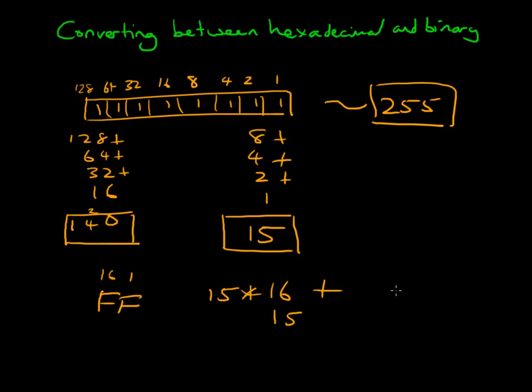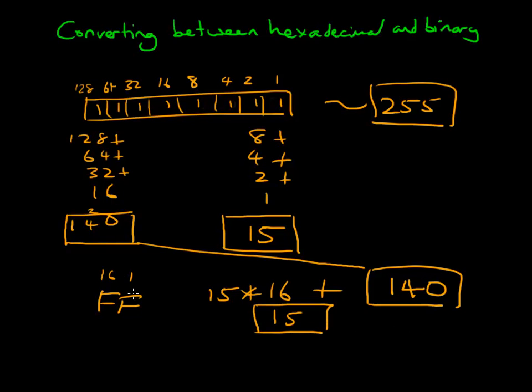Now, 15 times 16 happens to be 240. This is the same number that we saw before happening. And then this 15 here, which is the second digit here, happens to be 15. And both the digits, FF, if we add those two together, 240 plus 15, we get 255.